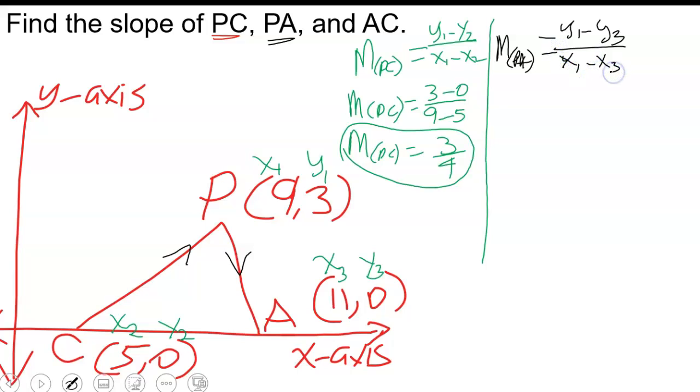If we want to do Y3 minus Y1, it's fine. So for PA, Y1 is 3, and Y3 happens to be 0 again, and X1 is 9, minus 11 here.